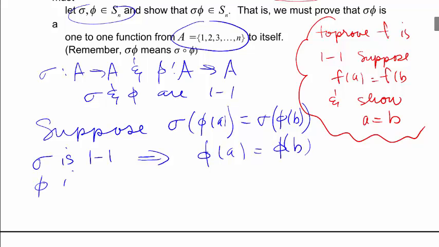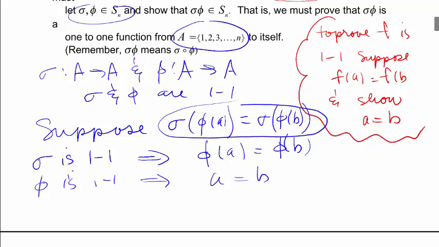And now phi is one-to-one, and this implies then that a is equal to b. So if sigma phi of a is equal to sigma phi of b, we know that a is equal to b. So we can conclude that sigma phi is one-to-one.